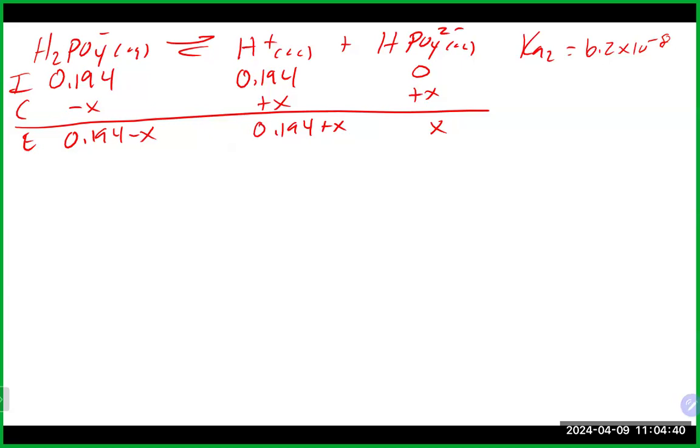So again, our initial is from our equilibrium before. This will go into our Ka2 expression, which will be our products over our reactants.